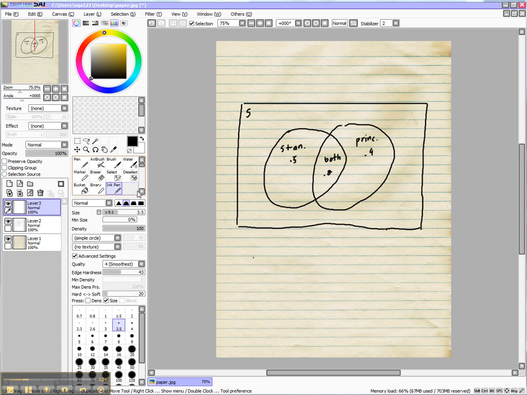So let's write that out. The probability that no schools admit him is equal to 1 minus, so we have to subtract this whole thing.